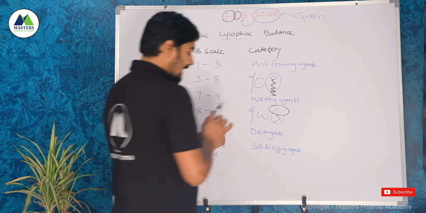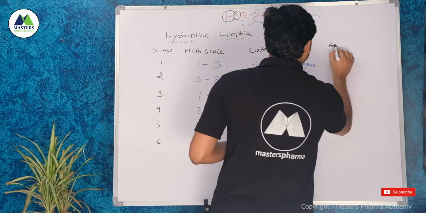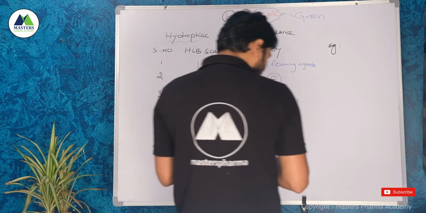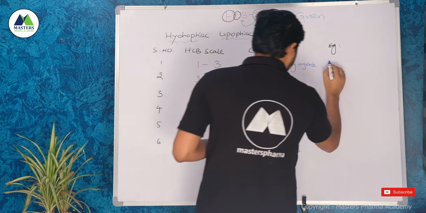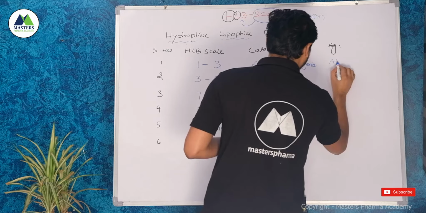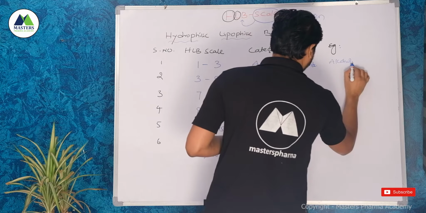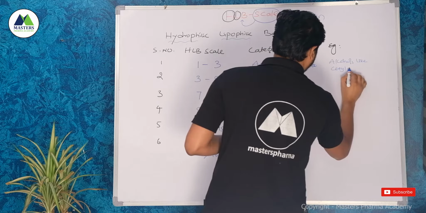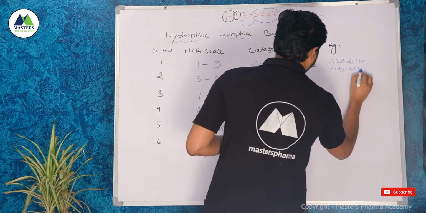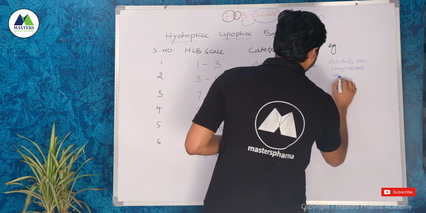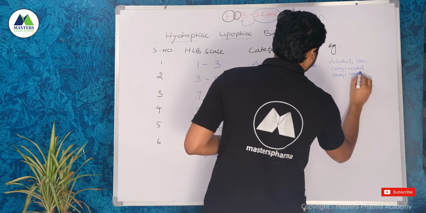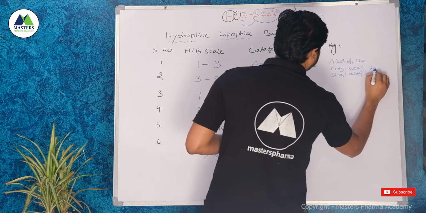So now we will see examples of each category. Anti-foaming agents are alcohols like cetyl alcohol, stearyl alcohol, ether.